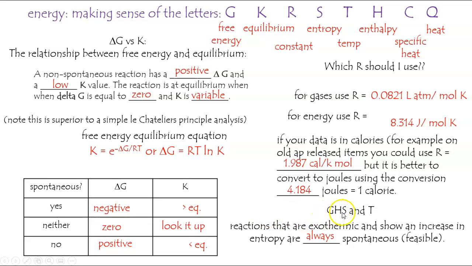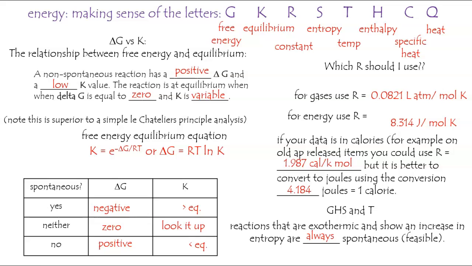Relating free energy, enthalpy, entropy, and temperature, I am reminded of the free energy formula, delta G equals delta H minus T delta S. However, we can say that a reaction that is exothermic and shows an increase in entropy has got to be spontaneous always. This is one of those negative, negative, negative, positive kind of questions, but exothermic means that the enthalpy is favorable.